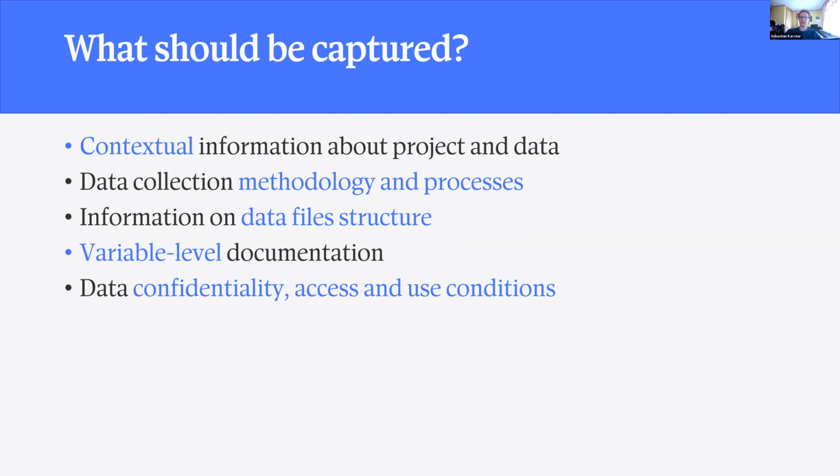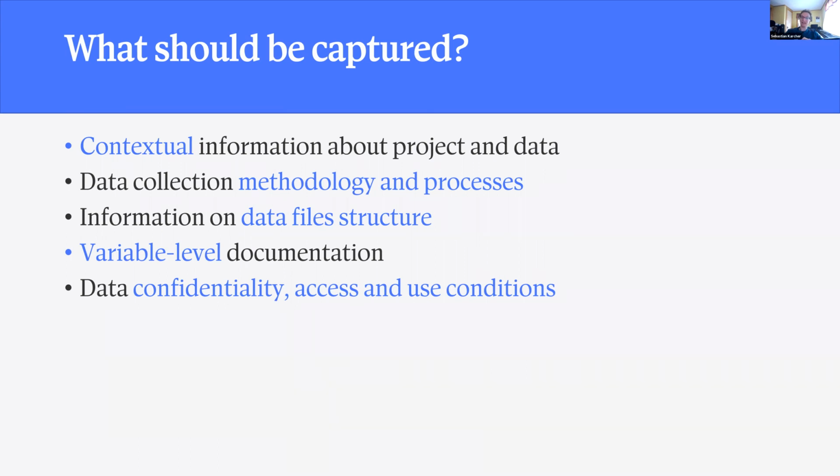Write down information about what sorts of files you have that are part of your data and how they are structured. If you do quantitative research, document at the variable level, right? So have the composition of every variable. How is it measured? Is it a survey question? Is it something else?